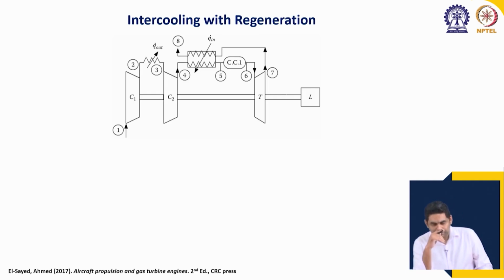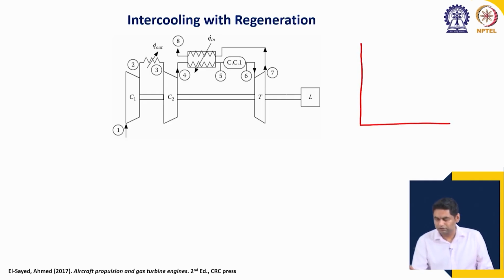Now, one of the things that we have seen in intercooling, for example, if I draw the intercooled cycle on the right side, I will draw the TS diagram of the intercooled cycle. Let us say that process 1 to 2 is the low pressure compression.